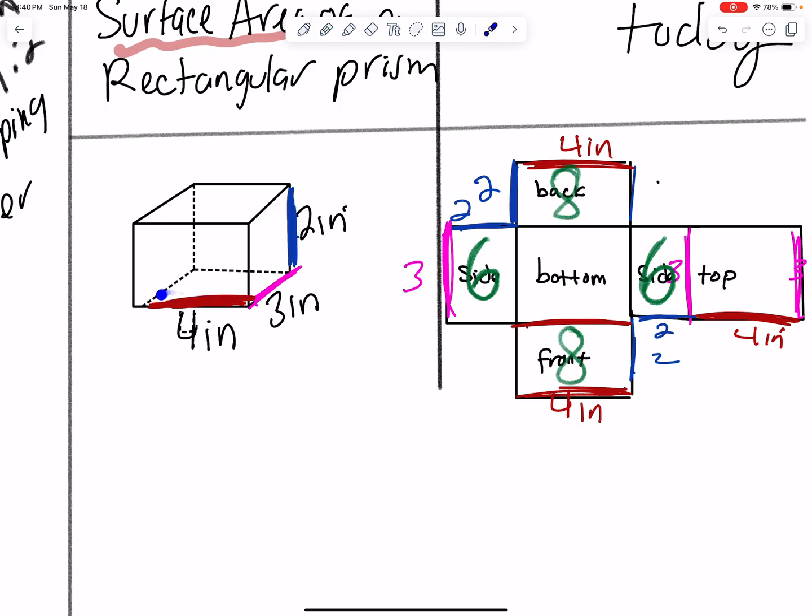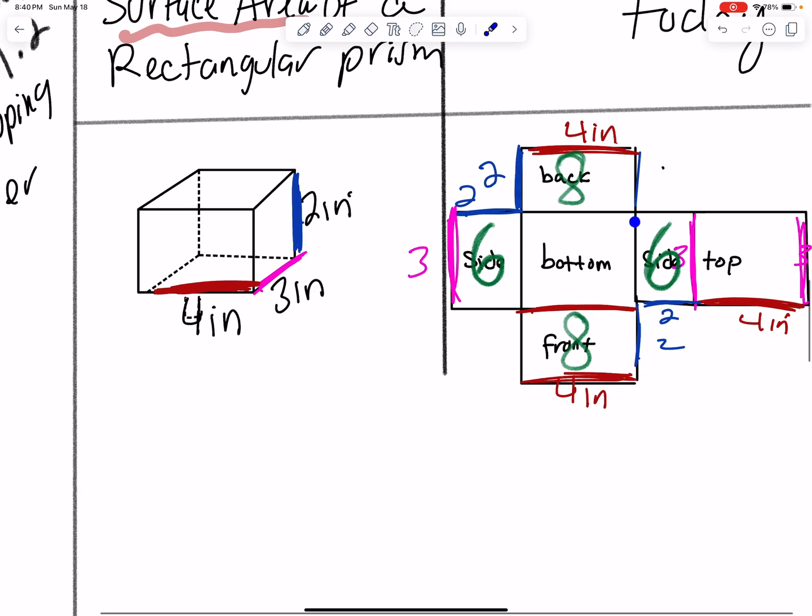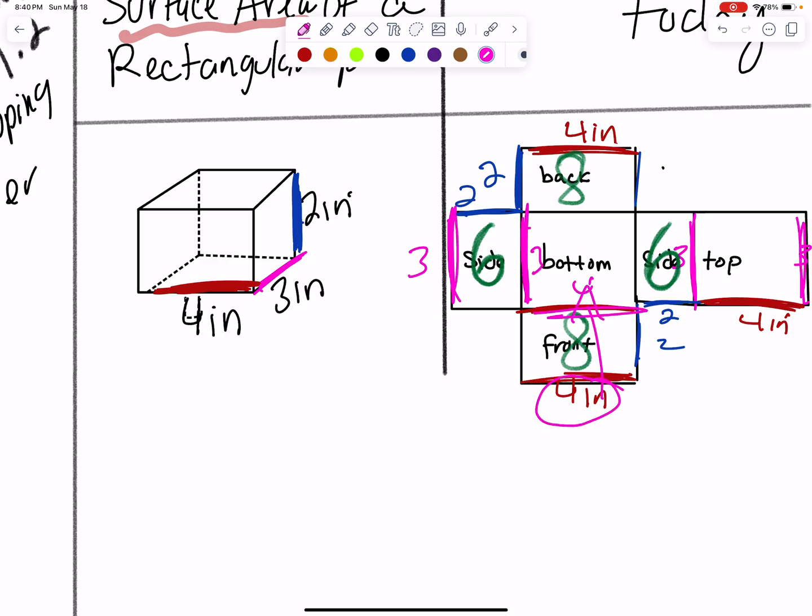The area of the bottom is a 4 by 3. I hate this way. You guys just bear with me. If this is 3, this is also 4, so 4 times 3 is 12. And the top is also 12.